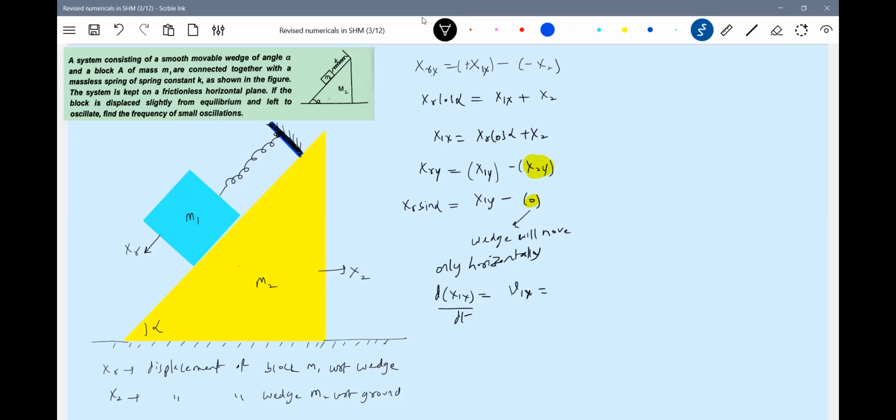This will become cos alpha dxr by dt minus the velocity of the wedge. Let me write v2, and the relative velocity, let me write vr. One step I will write in detail. That's the first step.